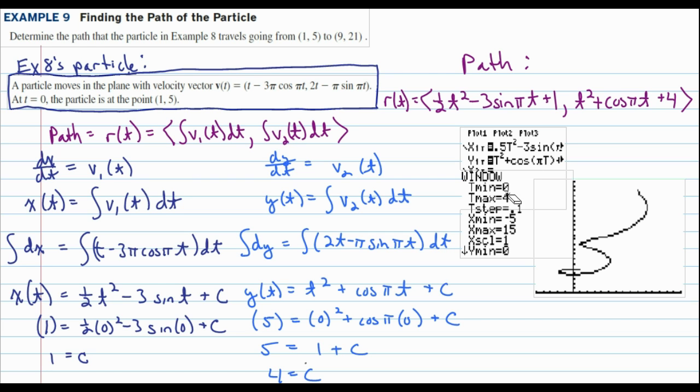I found a good t-min, t-max, 0 to 4, because that's what I'm looking for. Remember, example 8 told us that (1, 5) was at t equals 0, and (9, 21) was at t equals 4. Then I found a good x-min, x-max, y-min, y-max, and I can see this whole particle's path. And of course, if you graph it on your calculator, you'd be able to see the path as it's drawn.